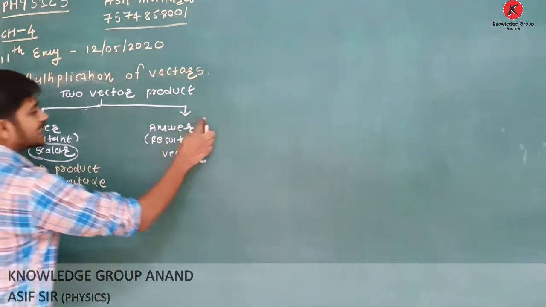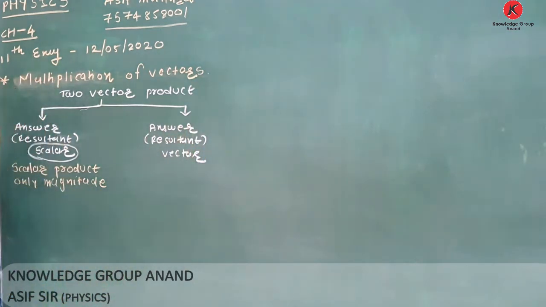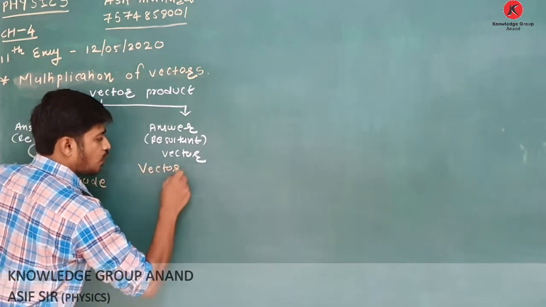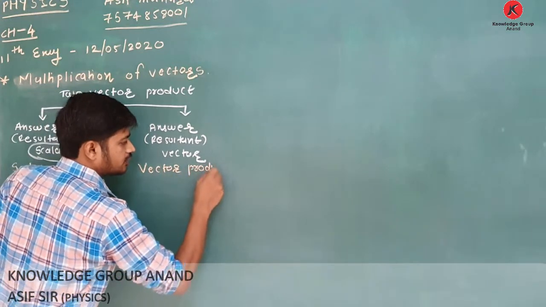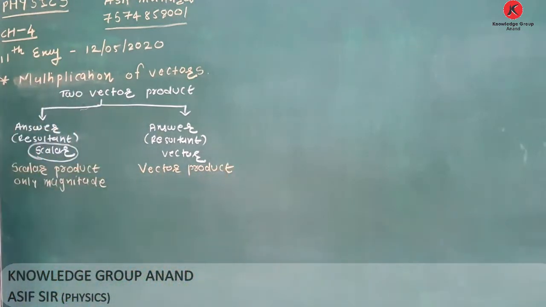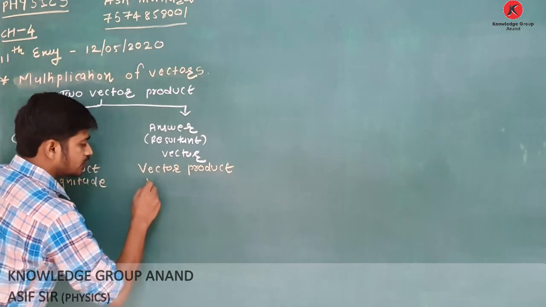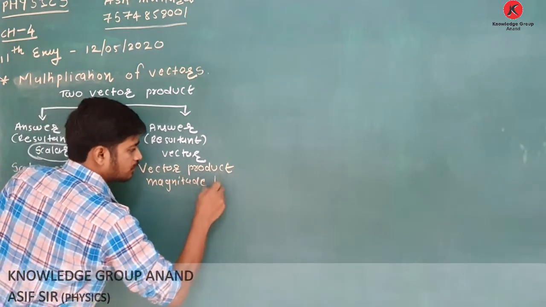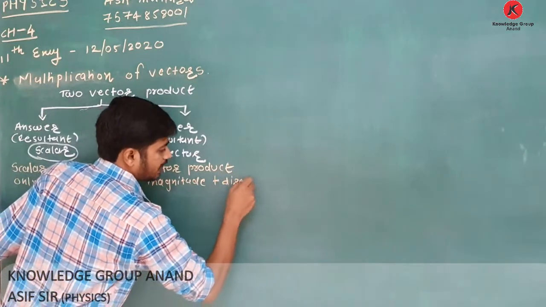In the second case, your resultant is vector, and such a product is called vector product. In this you will get two things: magnitude plus direction.